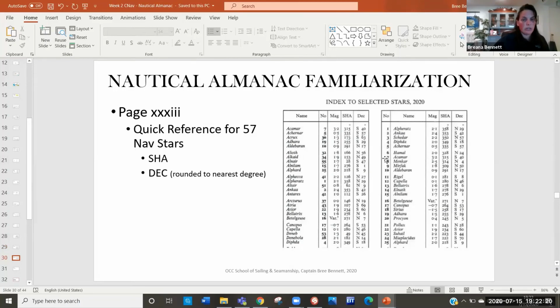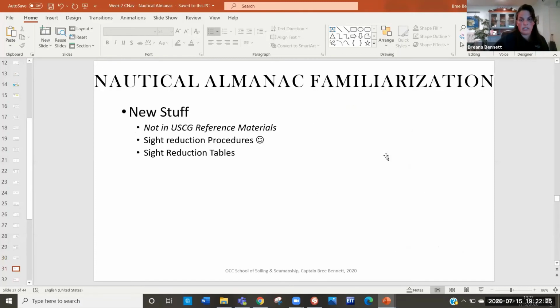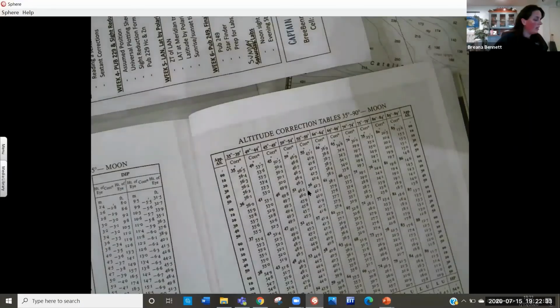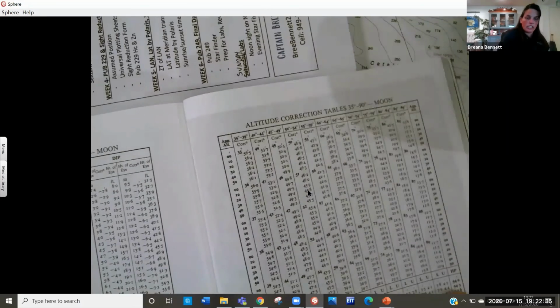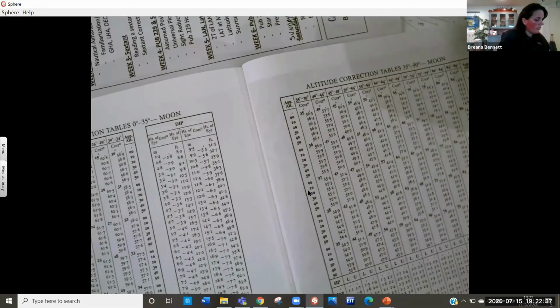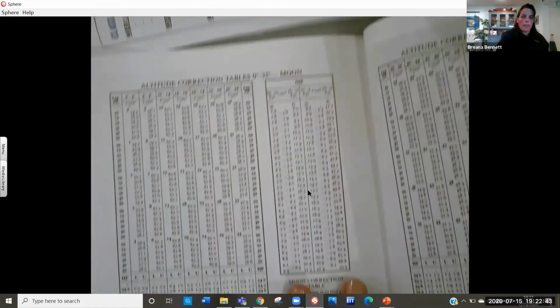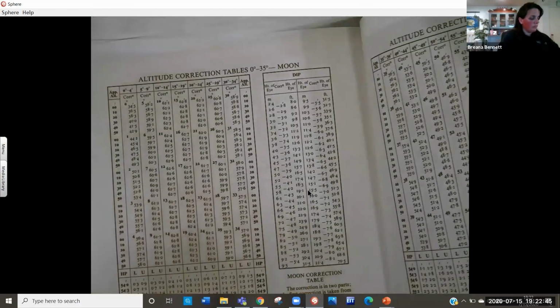Again, we have another quick reference for the stars. And okay, I didn't put in, we'll do it here. The moon corrections. On the almost very last page, we have corrections for the moon.